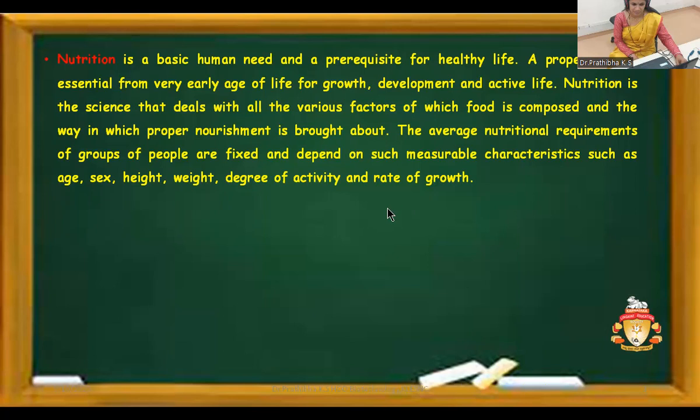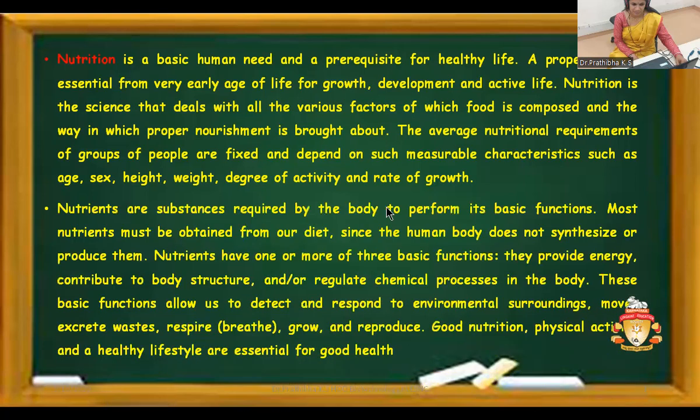To small kids we give one type of nutrition, to aged people a different type, and to adolescents again a different type. So everything matters here. In the exam you may be asked to define nutrition, or what is nutrition, or what are nutrients. At that time you need to answer this. Okay, this is about nutrition. Please keep this in mind.